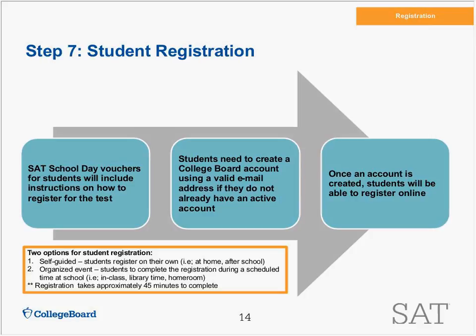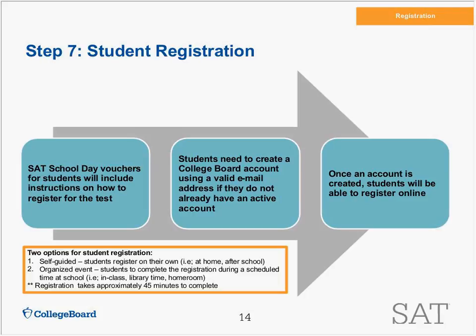But if they don't have a College Board account, they do need to create one. So every student will need to have an online College Board account to be able to register. And once a student has one, whether they already had it or created it, they will be able to register online. And like I said, on their voucher there'll be all the directions they need on how to go about registering for the SAT school day administration.